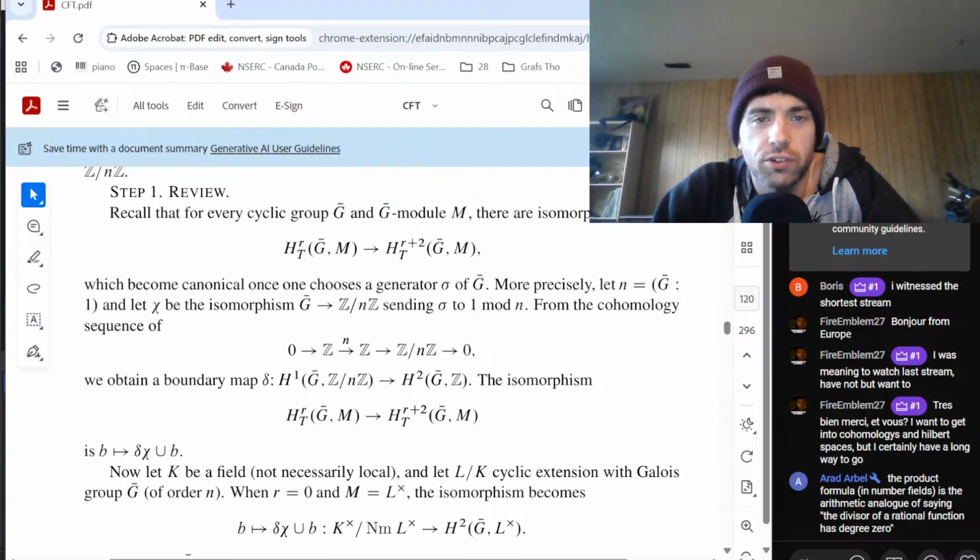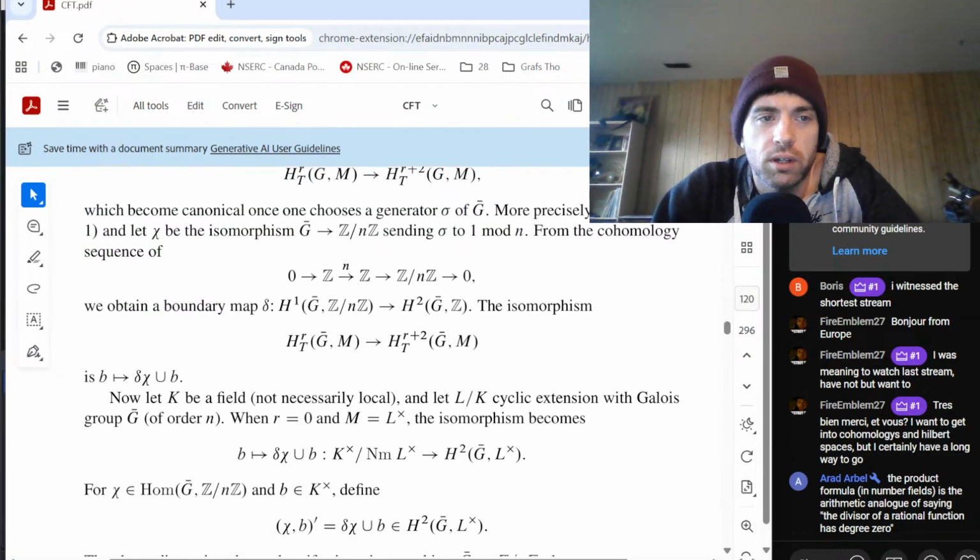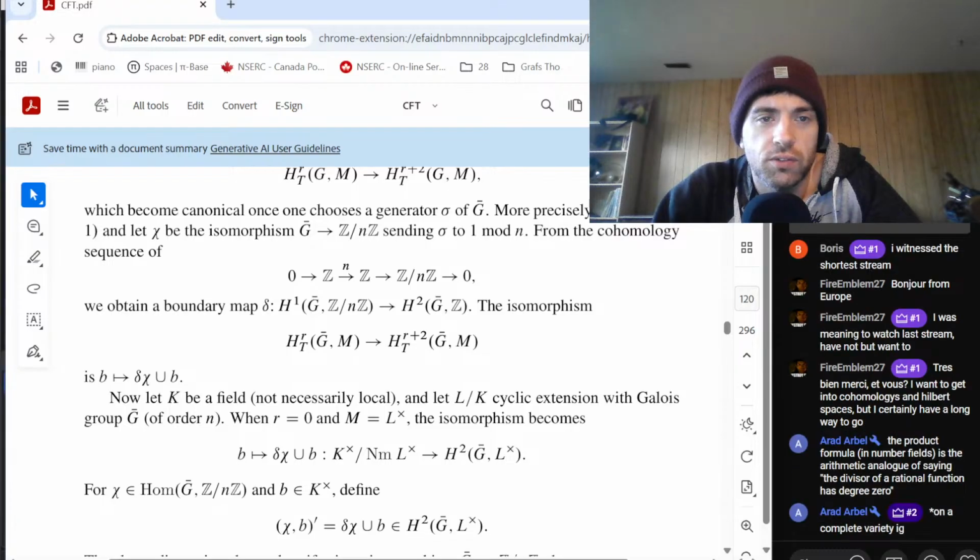Recall that for every cyclic group G and a G-module, we have these isomorphisms, which become canonical with respect to a choice of generator. More precisely, if n is this and chi is this, a homomorphism, from the cohomology of this short exact sequence, we obtain a boundary map.